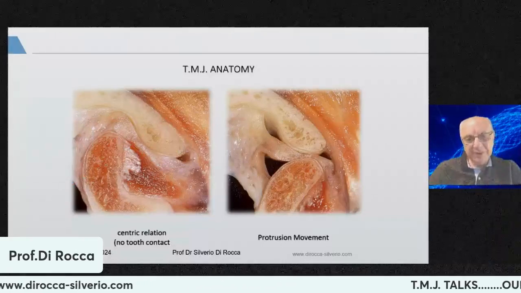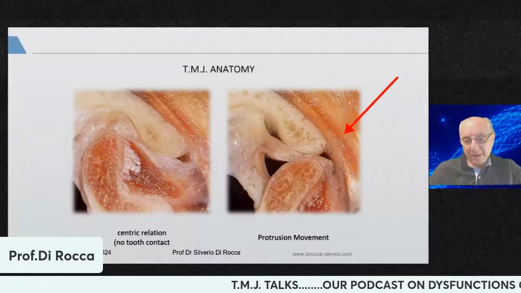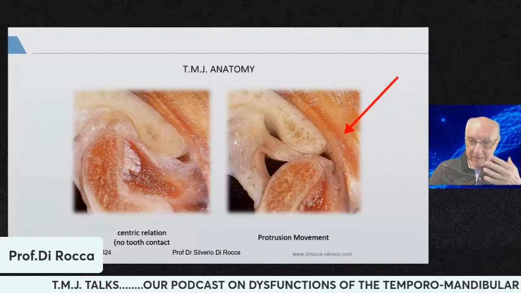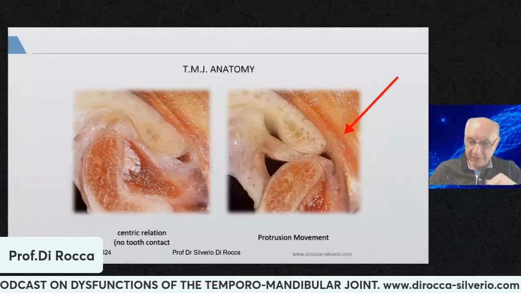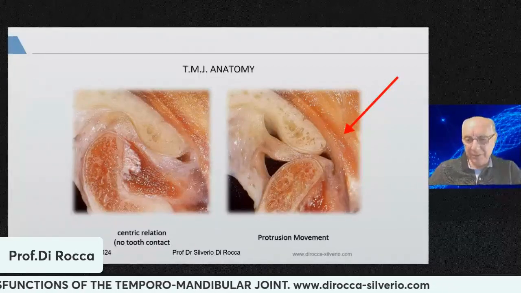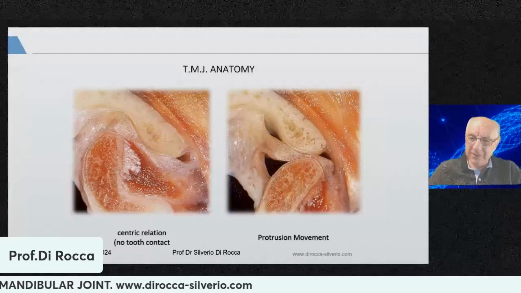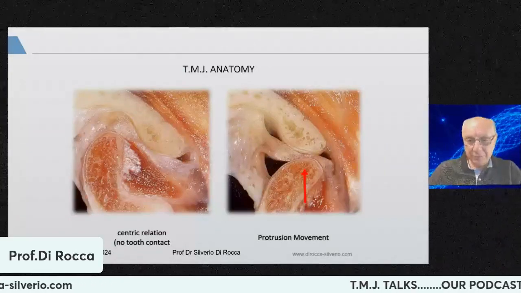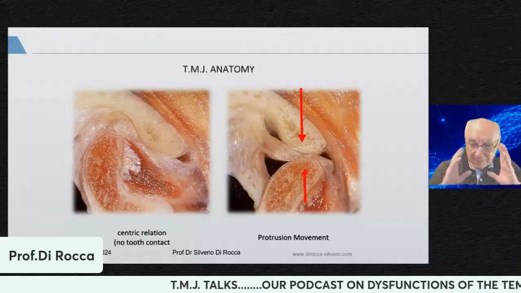During the movement, as you see here, the condyle goes and the disc follows the movement. And why is that important in physiology? That is very important in physiology. The movement of the condyle has to stop here, in this particular point.